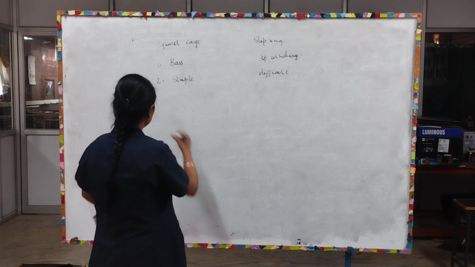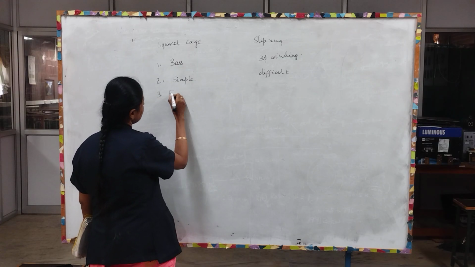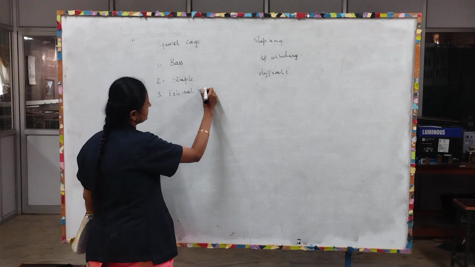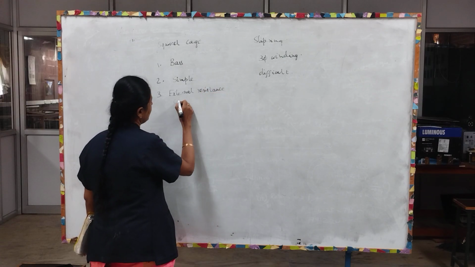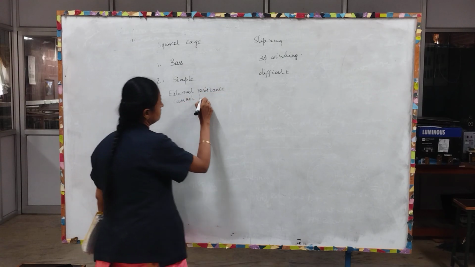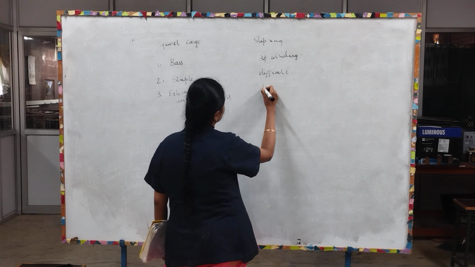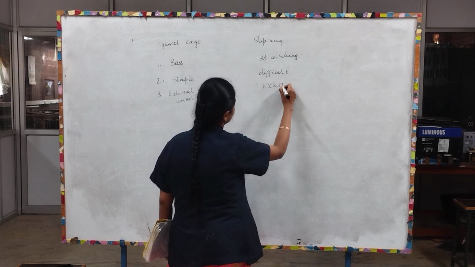In squirrel cage, external resistance cannot be added. In slip ring, external resistance can be added.